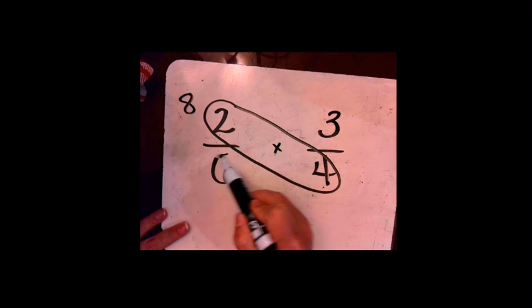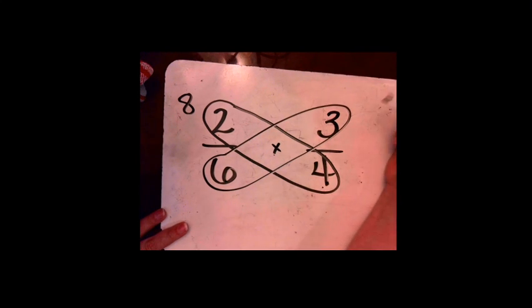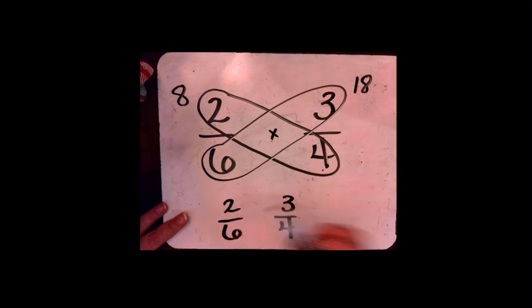Okay. 6 times 3 is 18. So with 2 sixths and 3/4, when we cross multiply, which way should my alligator eat? 2 sixths is less than 3/4, so 3/4 would be greater.